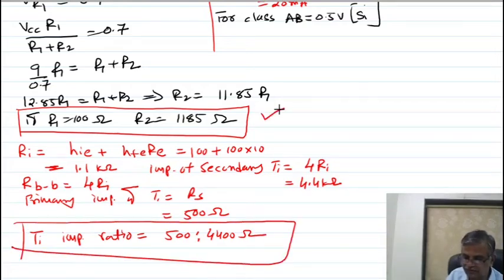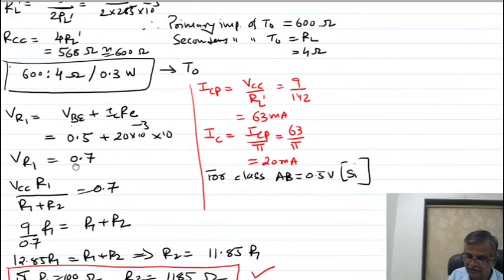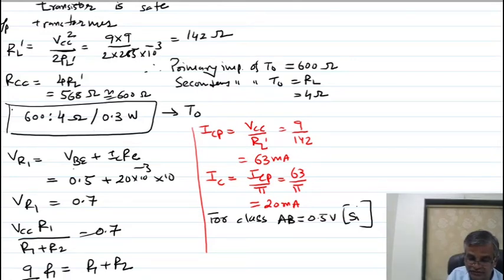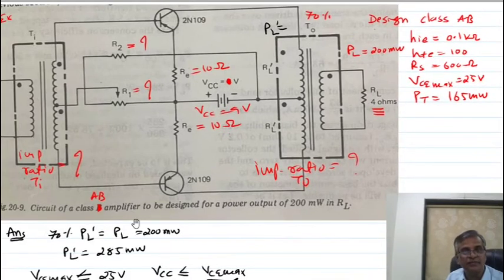So R1 R2 is calculated, Ti is calculated. This your TO is done. So you completed your designing of a class AB.